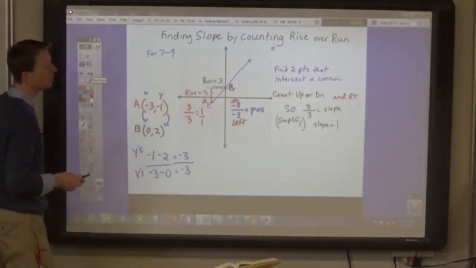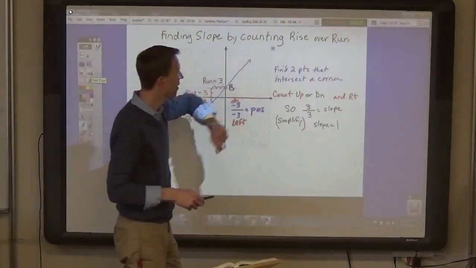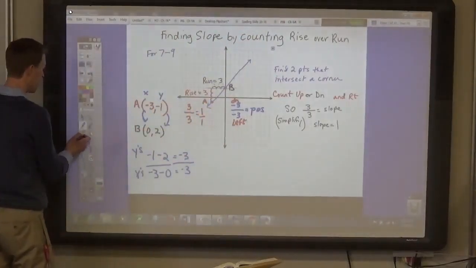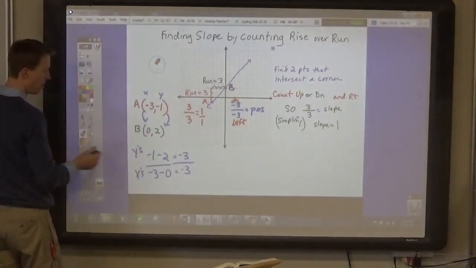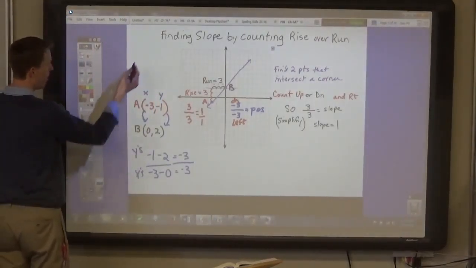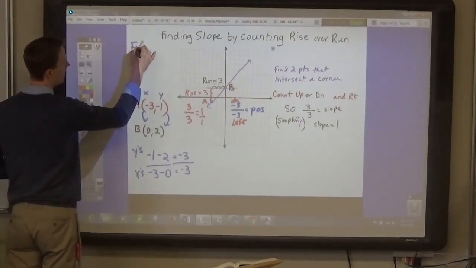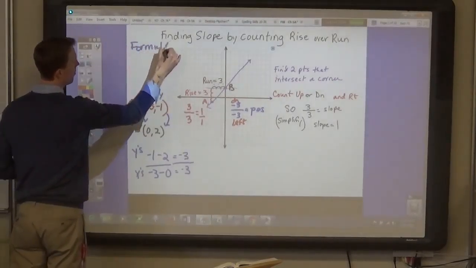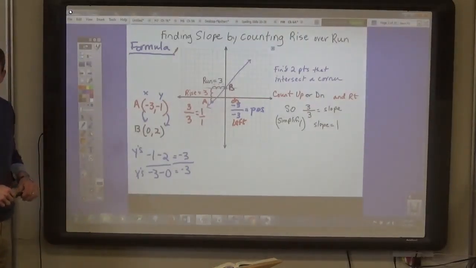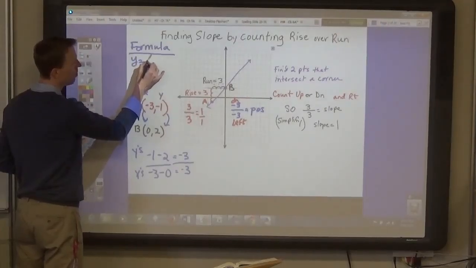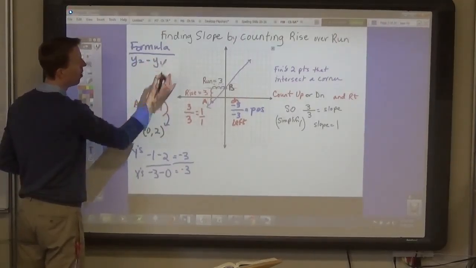Now let's go back to rise over run, and let's talk about something called the slope formula. I'm going to write that right here. The formula for slope. So write this down. y2 minus y1.